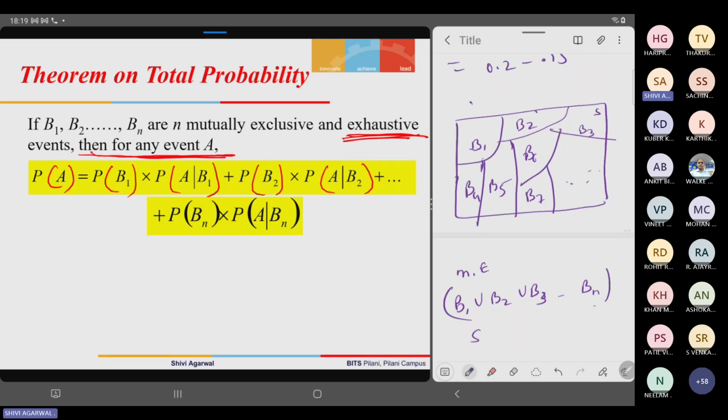We take event A just above it. Here A intersection B1, A intersection B2, A intersection B3, and so on up to B8. By using the general multiplication law, this is the formula. So we can find the probability of A by using this formula. That is known as the total probability law.